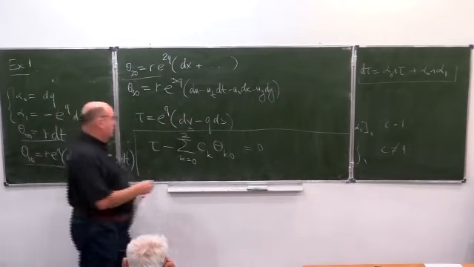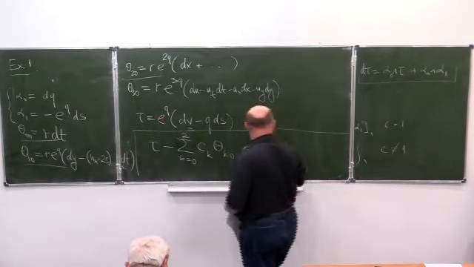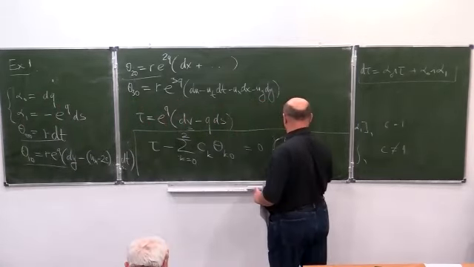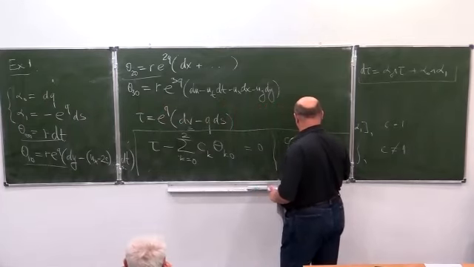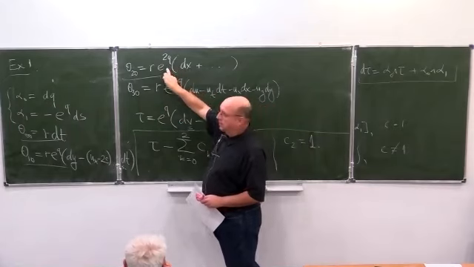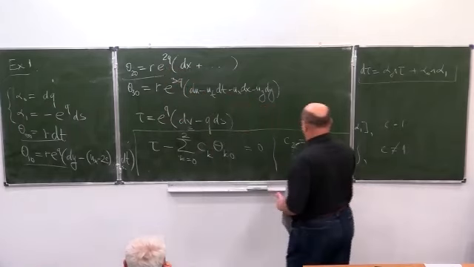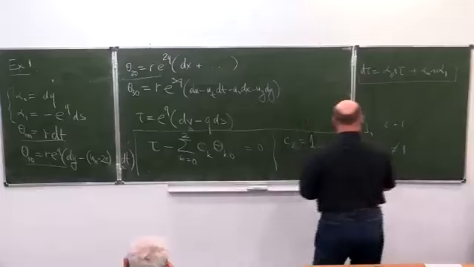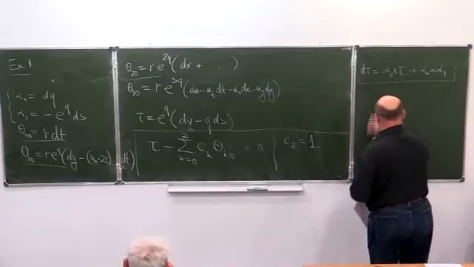It turns out, first, without loss of generality, we can put C2 equal to 1, because otherwise we just rename parameters. Well, and then it turns out that we have only two possibilities.